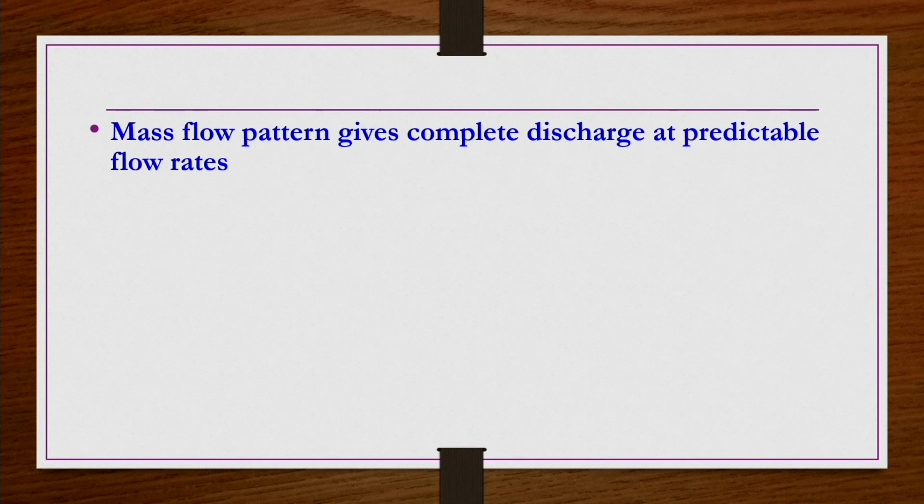Right. So other details of the mass flow pattern: mass flow pattern gives complete discharge at predictable flow rates. You are not going to have any stagnation in general if you have a mass flow pattern, so no material is going to be retained in the container. Sometimes with very cohesive materials, if the flow is not mass flow and not a free flow, then even when the gate is fully open, some material may stick to the wall or remain in a stagnant region.